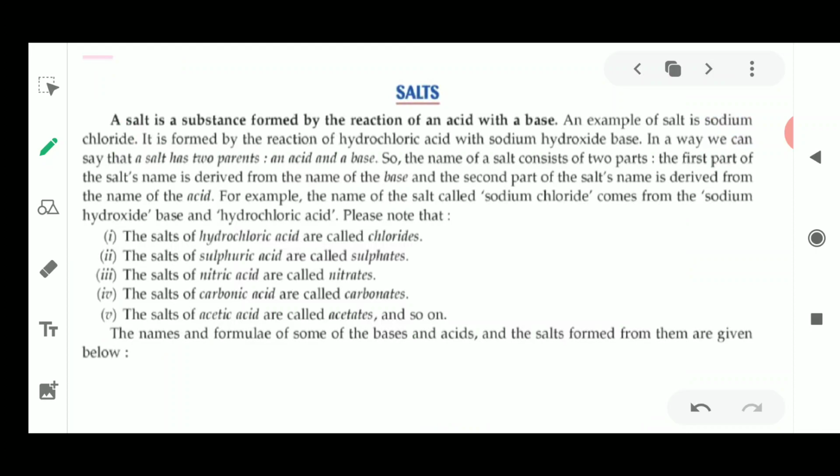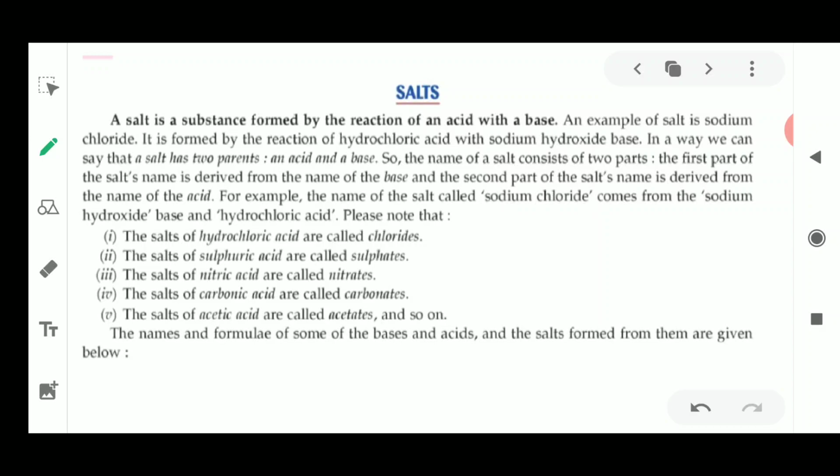So salts, what are salts? Salt is a substance which is formed by the reaction of acids and bases. Now everybody has understood from where salt is formed. Salt is formed after the neutralization reaction of acids and bases.